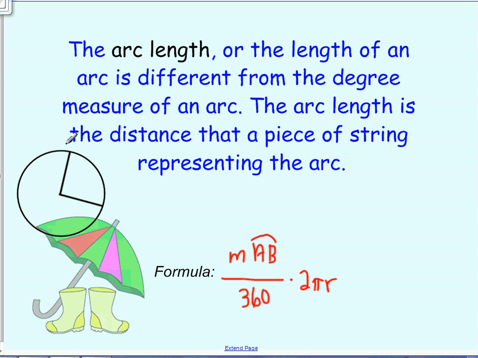All right, so for example, in this circle, we would have A right here, B right here, and let's say my radius, which would be right here. If we had the radius of 4, we would plug that into there, and we would find out what the arc length is, depending on what information they give to us.